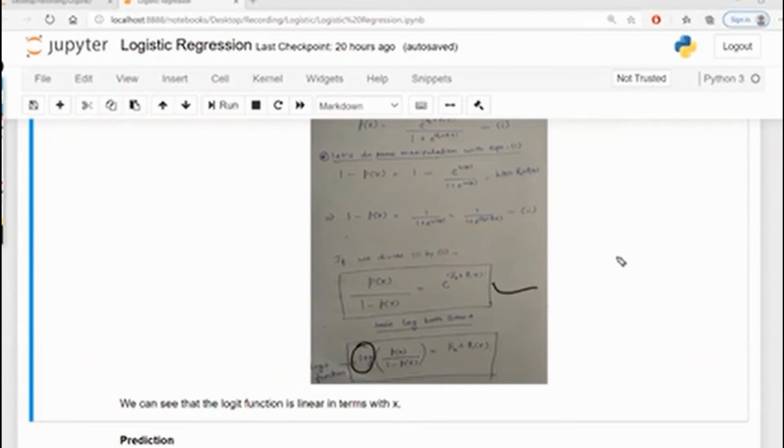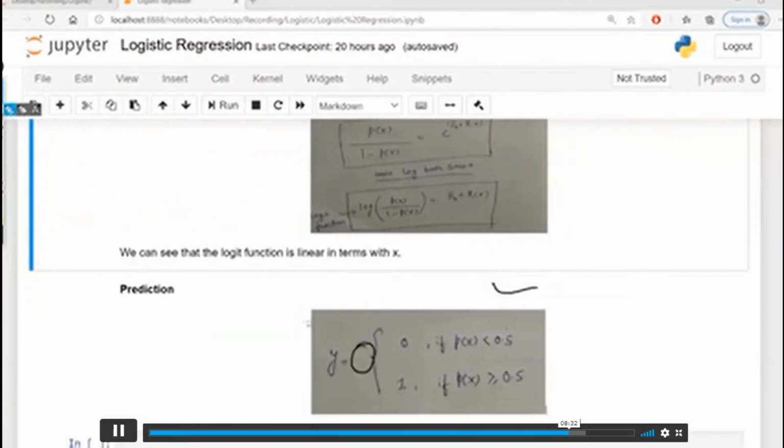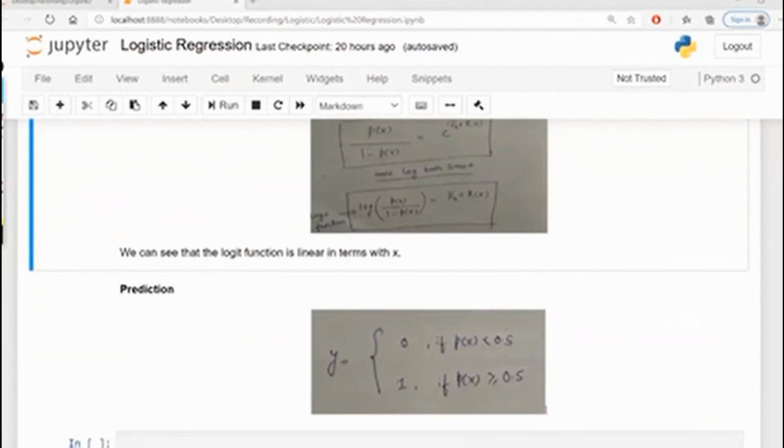And how I'm going to make a prediction here: as you can see, anything equal to or above 0.5, I'm going to classify it as 1. If anything is less than 0.5, I'm going to call it a 0 class, right?